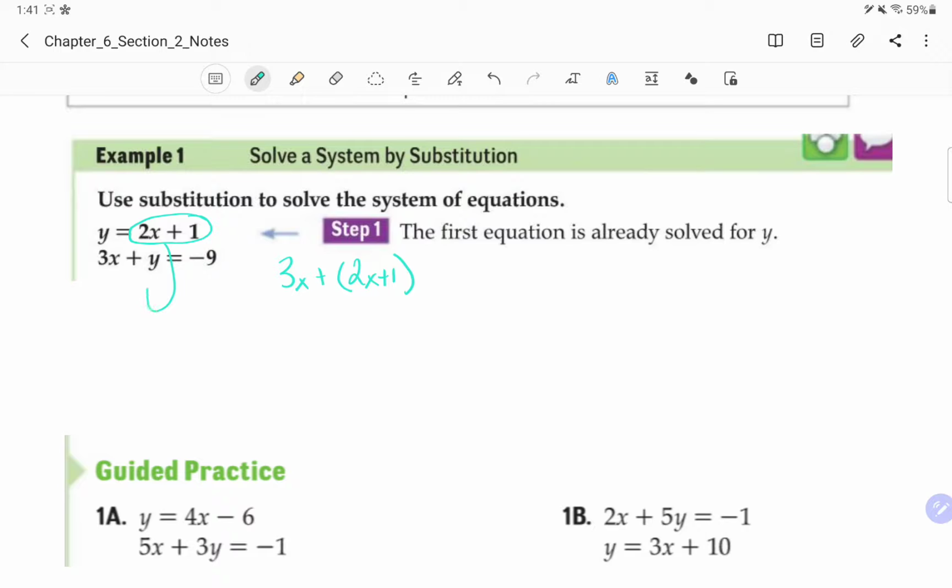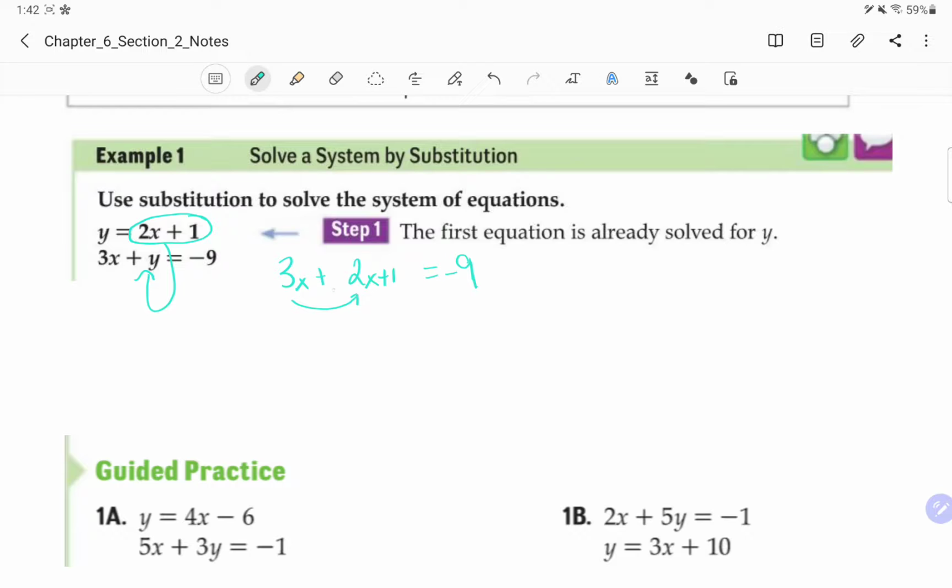This goes in for that. And then I set it equal to -9, and I'm going to solve. These parentheses are not actually needed. They were just there to show you that I was plugging in for the one variable of y. So now I'm going to just start solving.